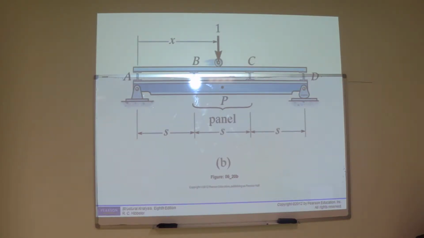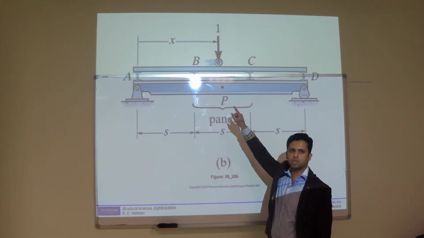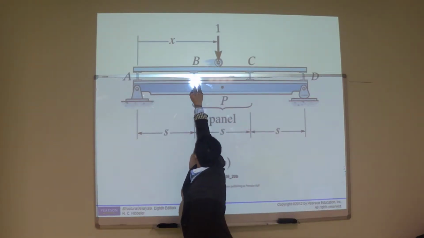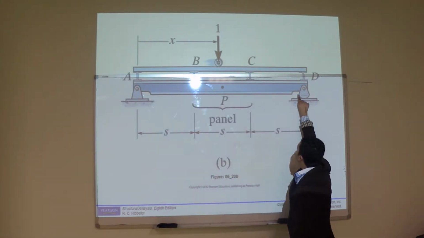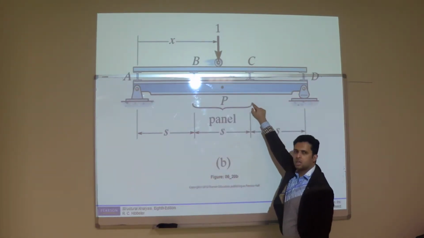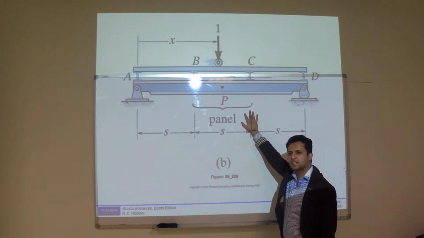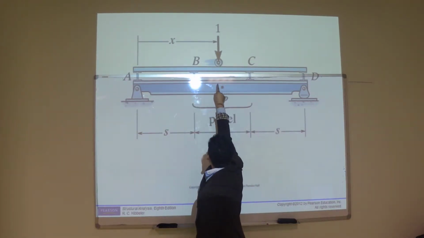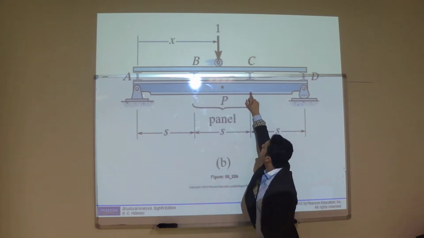Similarly, when the load is at panel BC, we have two kinds of beams. One is the small beams which are resting on the bigger beam, and we have to draw the influence line diagram for this bigger beam. We call it a girder as well. A girder is a bigger beam that carries the small beams. That load will be transferred by a reaction at this point and at this point.